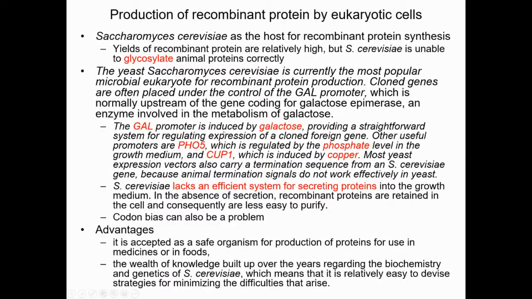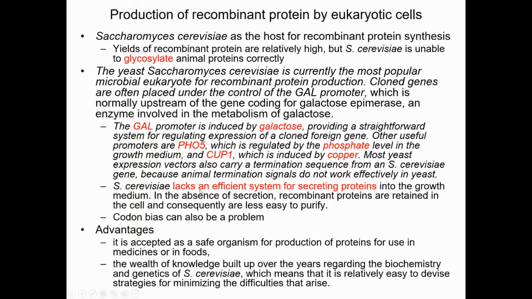For Saccharomyces cerevisiae, several different promoters have been developed for the expression vector. For example, the GAL promoter that can be induced by galactose, the PHO5 promoter regulated by the phosphate level, and CUP1 induced by copper. These are some commonly seen promoters used by Saccharomyces cerevisiae.